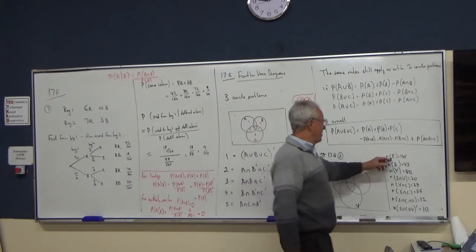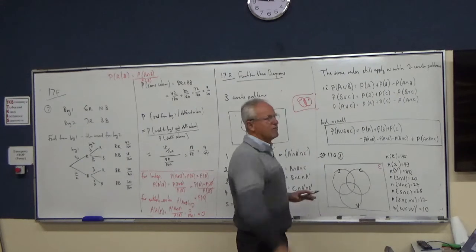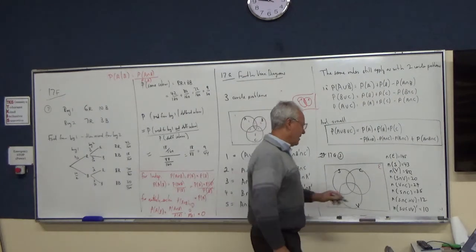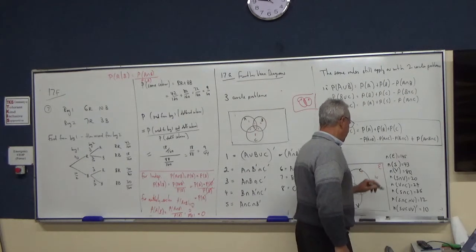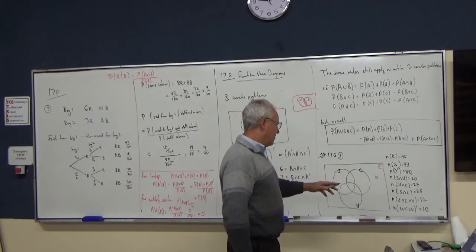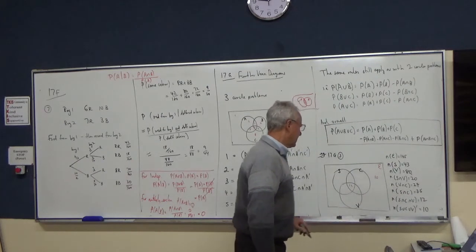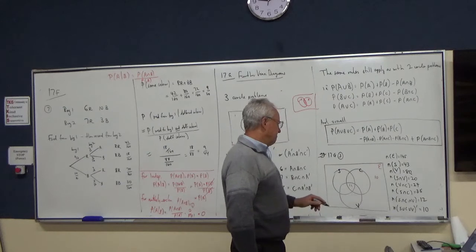Alright. Number in this here, that means the universal set, that means the whole lot. There are 145 students altogether, and they tell us that there's 10 outside. We're given this middle bit, there's 12 in the middle. Okay.